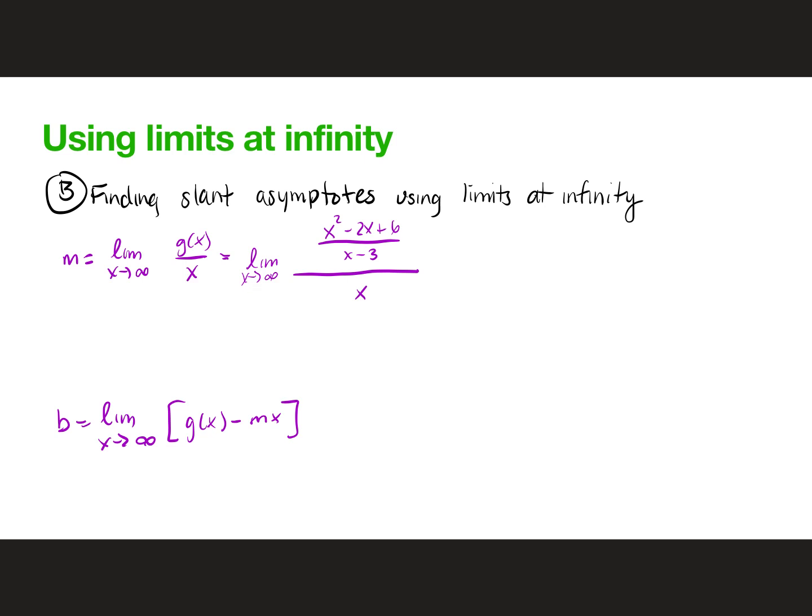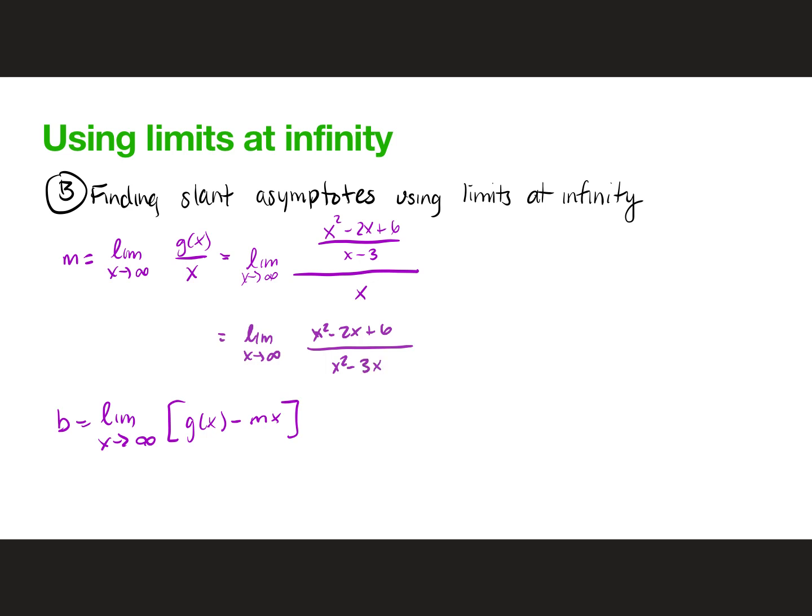And so we'll take that limit of our function divided by x, and then we remember, okay, dividing by x is the same thing as multiplying by 1 over x, and so this is the same thing as the limit as x goes to positive infinity of x squared minus 2x plus 6 divided by x minus 3 times x, or x squared minus 3x.